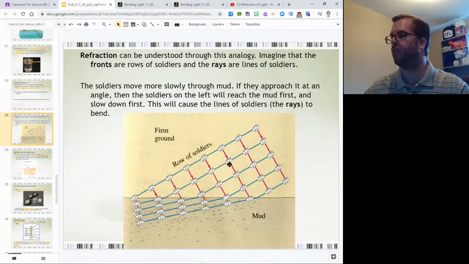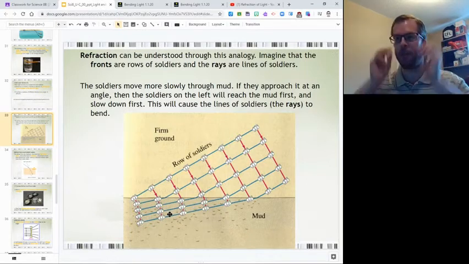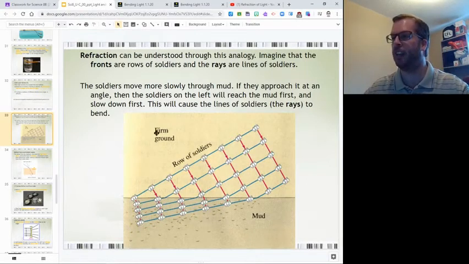So these guys are still going quickly over on this side, and these guys are slowing down. So basically, when that final soldier comes in here, it appears that they have changed, right? In fact, they have changed direction. There's a slight bending due to the transition from, in this case, this would be considered a less dense area to a more dense area.